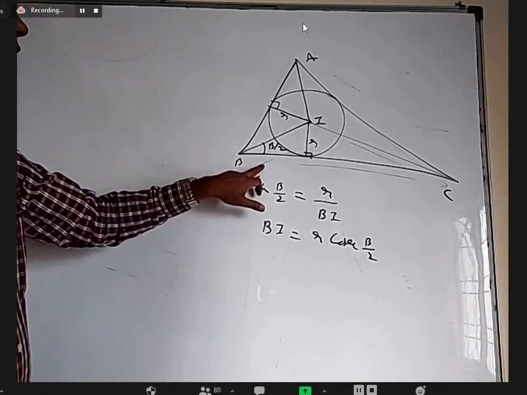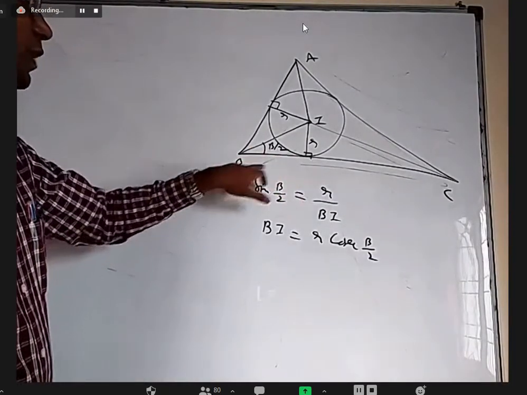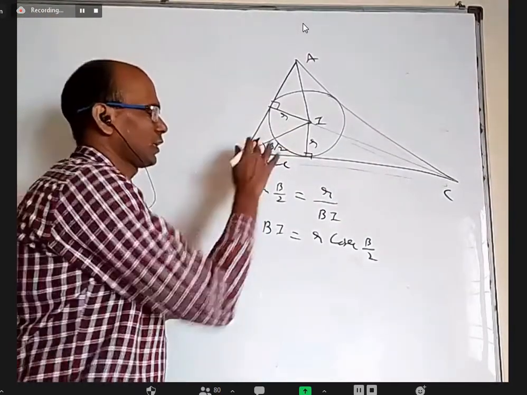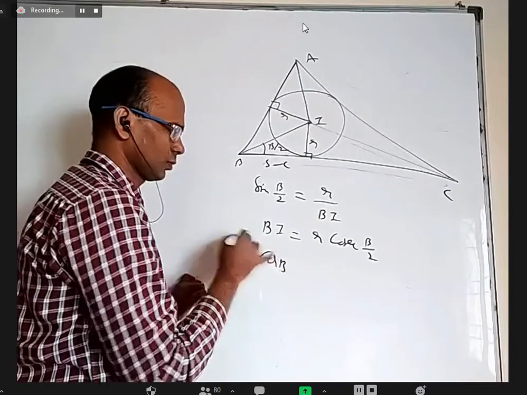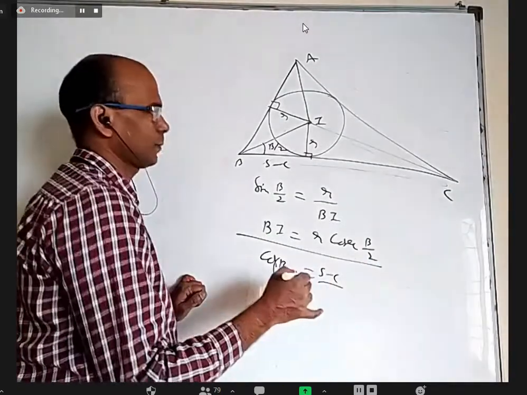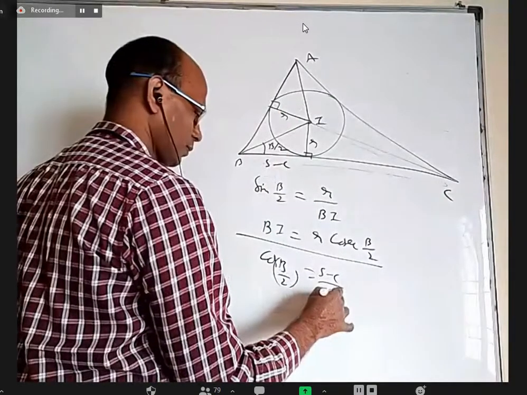We can also get, if you take from this S minus A also, okay, I think this is S minus C. So if I take cos B by 2, adjacent side is S minus C, and this is BI.